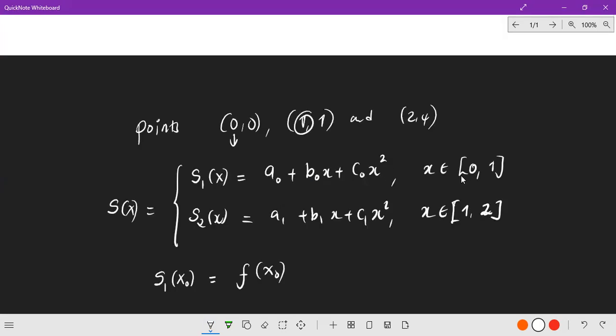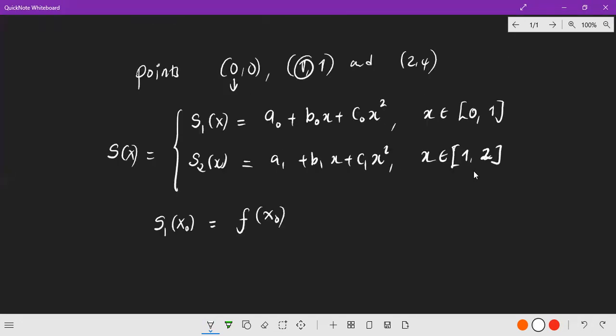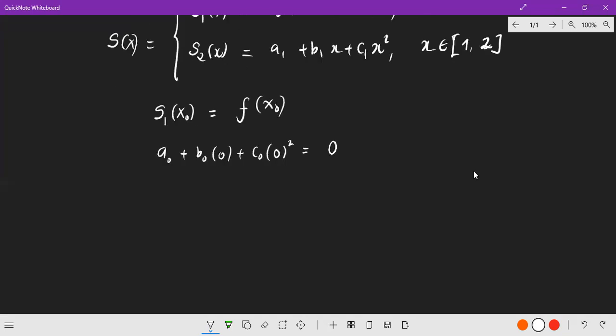F of x naught is the y value corresponding to the x value given. So we substitute 0 in the equation: a0 plus b0 times 0 plus c0 times 0 squared equals f of 0, which is equal to 0. If we simplify, you notice that our a0 is equal to 0.